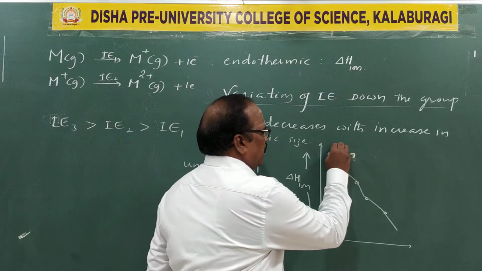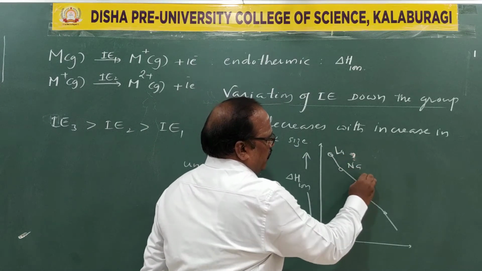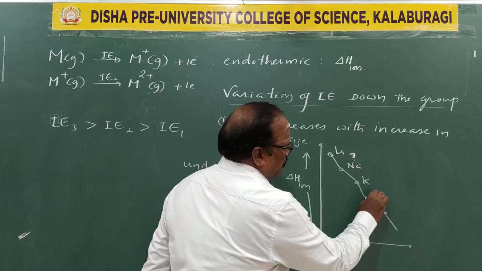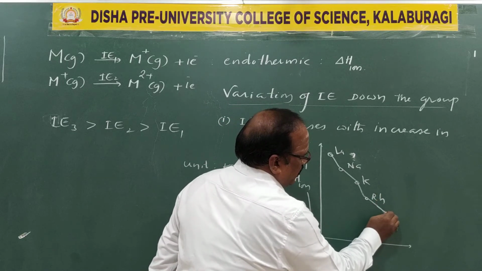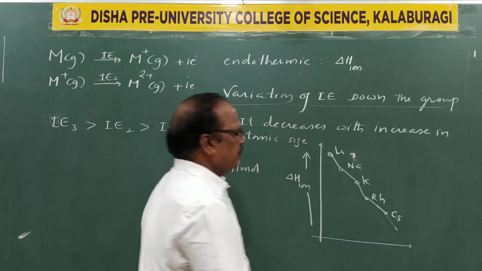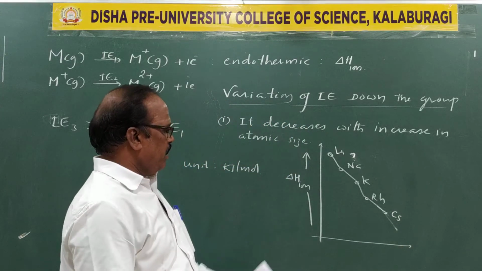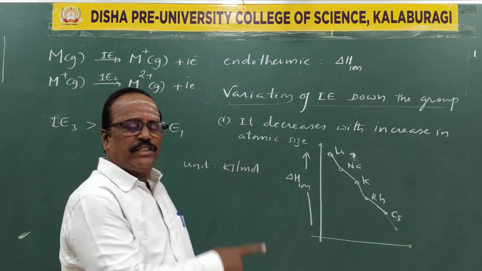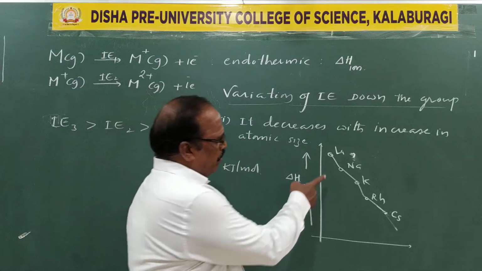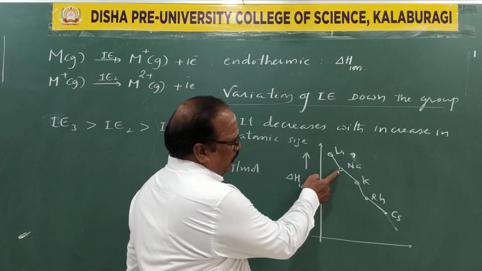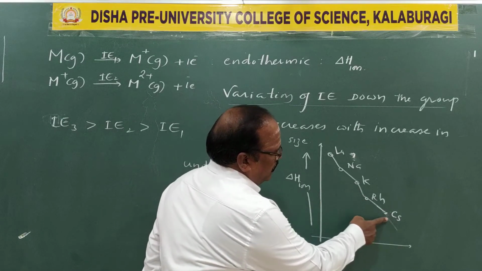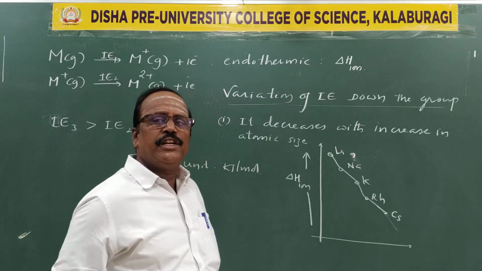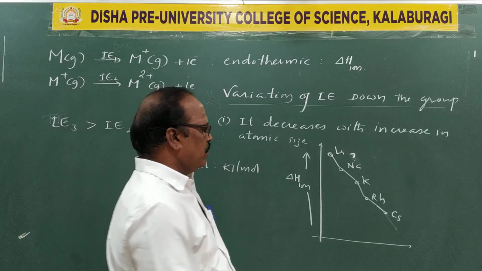We can write lithium, sodium, potassium, rubidium and cesium. So this is the variation of ionization energy down the group. Francium is a radioactive element, so we leave it from this discussion.